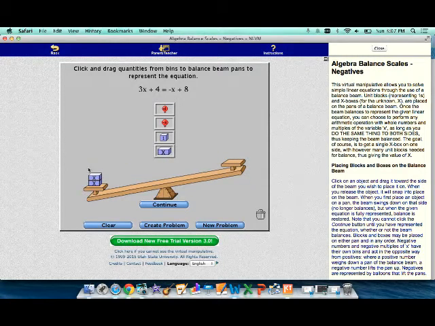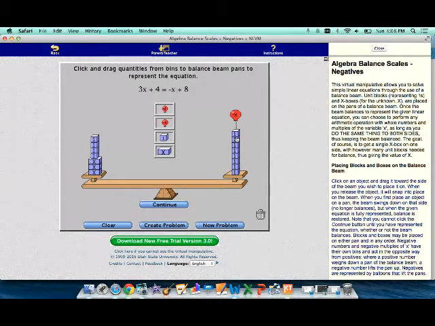So those of you still with me, we have 3 X blocks and 4 unit tiles. We now have a negative balloon on this side, and we have 8 positive unit blocks on this side. So once this balances out, there's my 8.